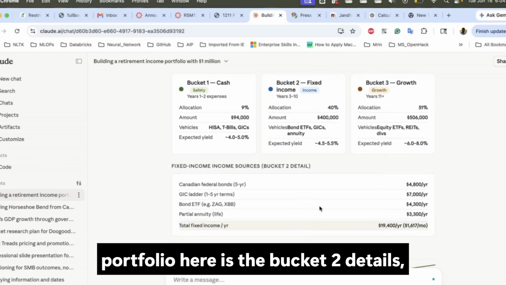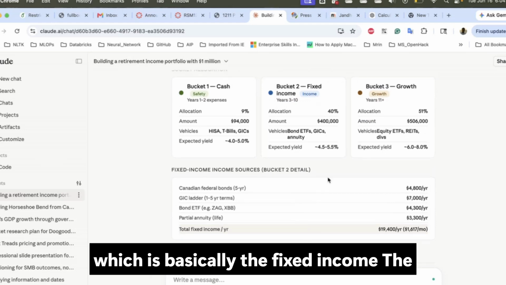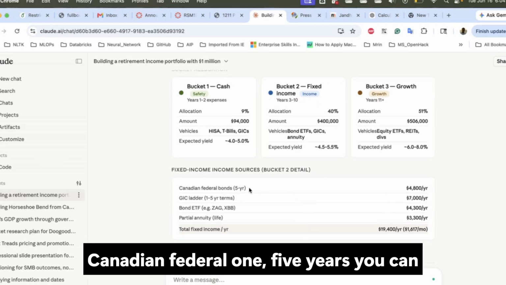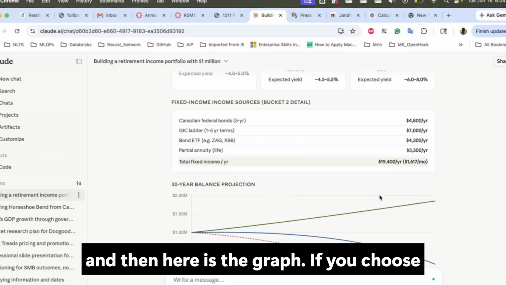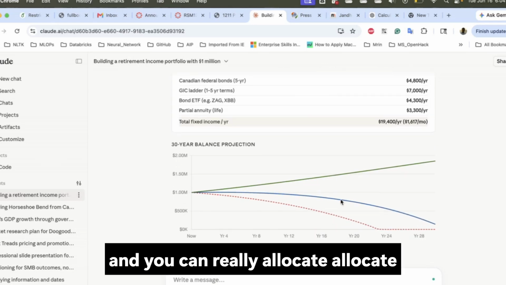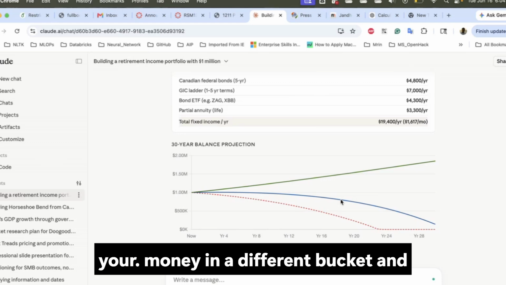Here are the bucket two details, which is the fixed income, the Canadian federal one to five years, that you can put in a segment of it. And then here is the graph. You can allocate your money in different buckets.